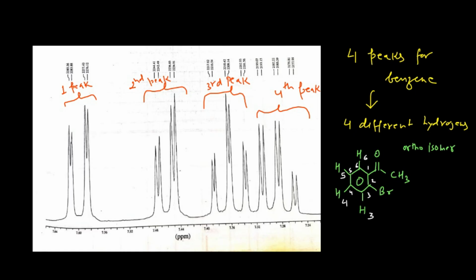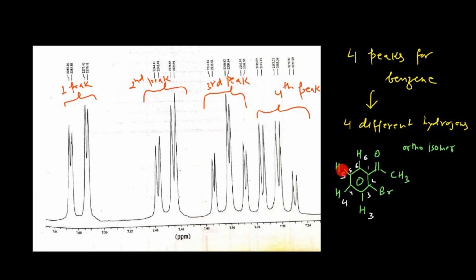Now you can see the environment of this hydrogen H3 is the bromine on the right hand side, while on the left hand side the environment is only hydrogen. So this hydrogen is different from this particular hydrogen because the environment of this hydrogen is H5 and H3. So these two are different.